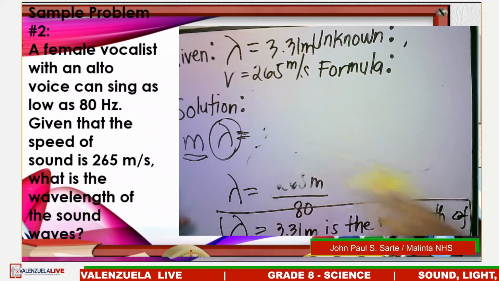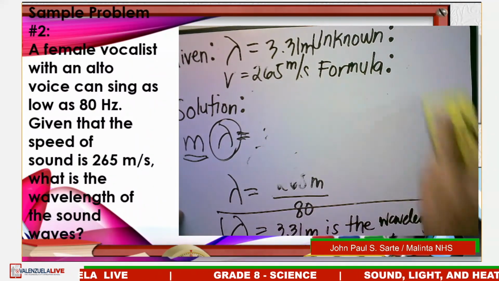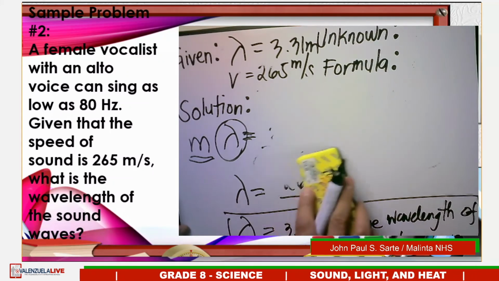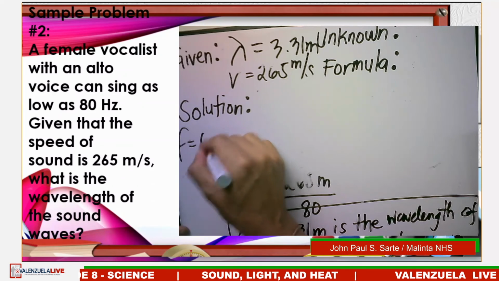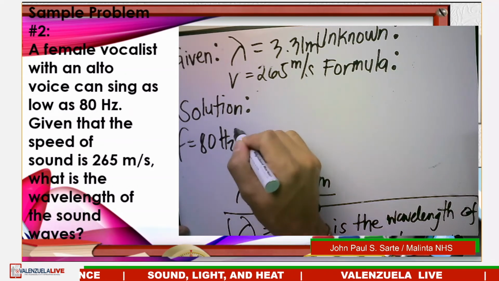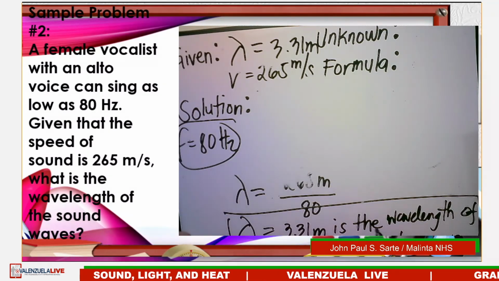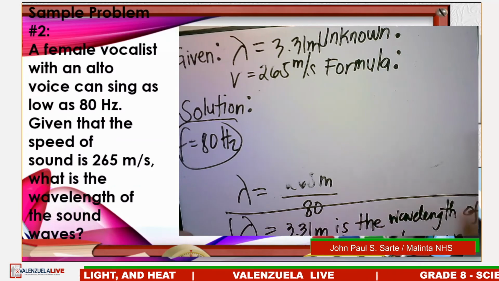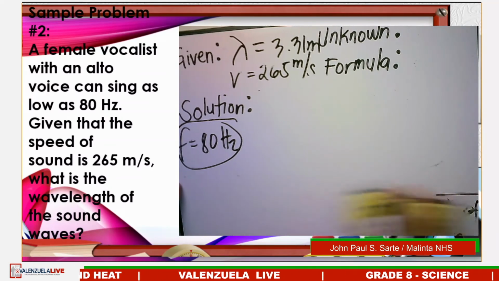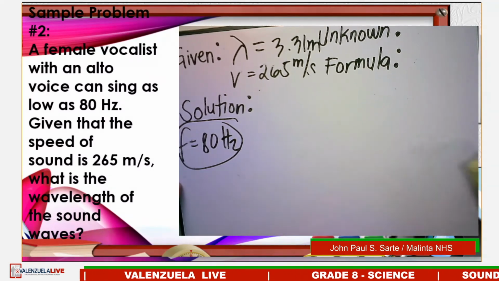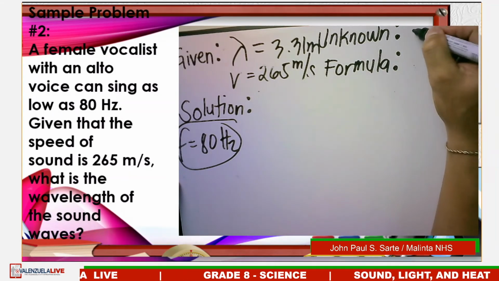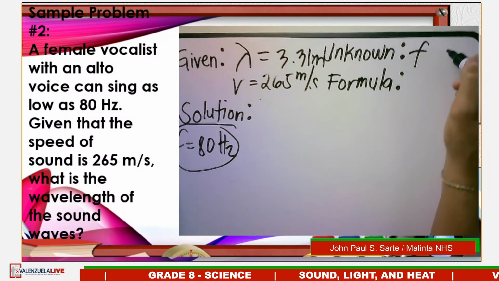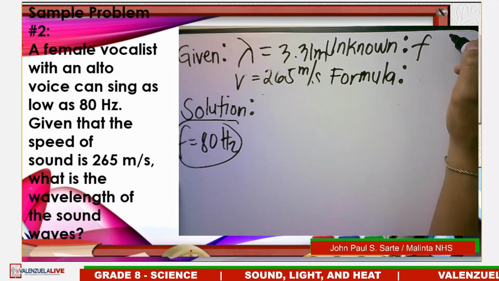Do not forget, our reference here is frequency. We need to get the frequency, which is 80 hertz. We are checking our answer if it is correct or not. Now, moving forward, our unknown here is frequency.